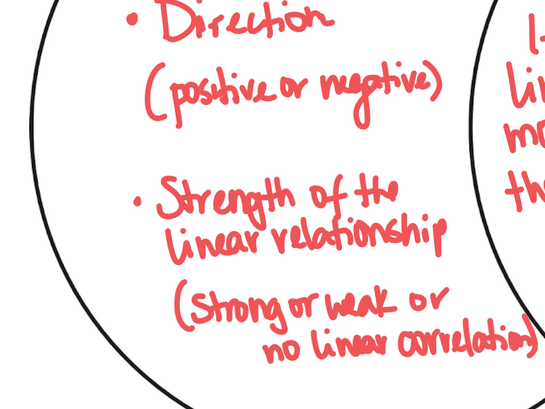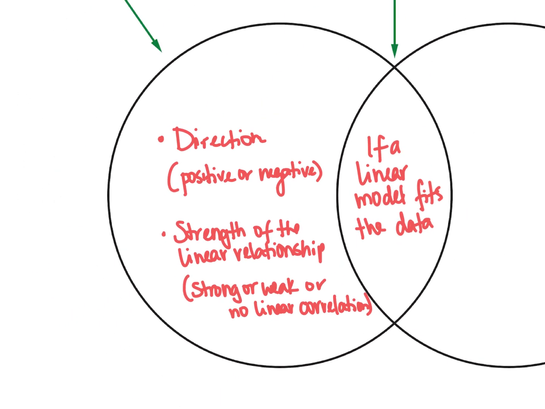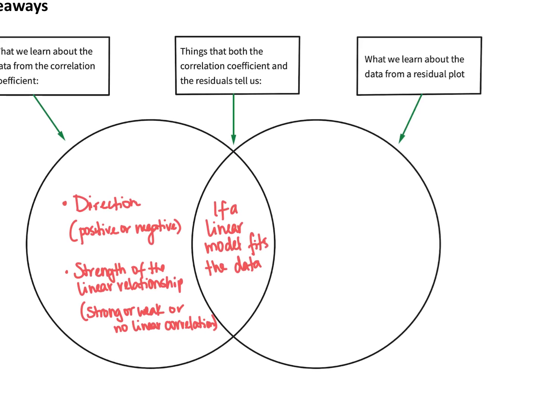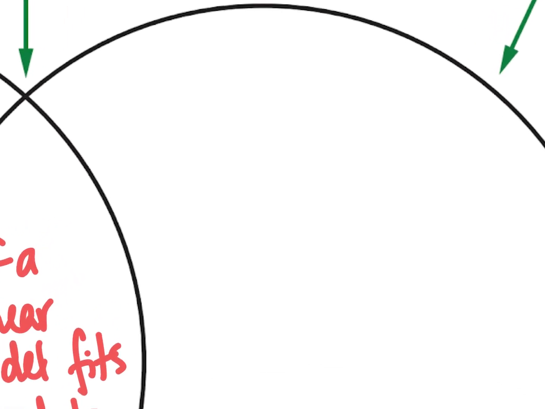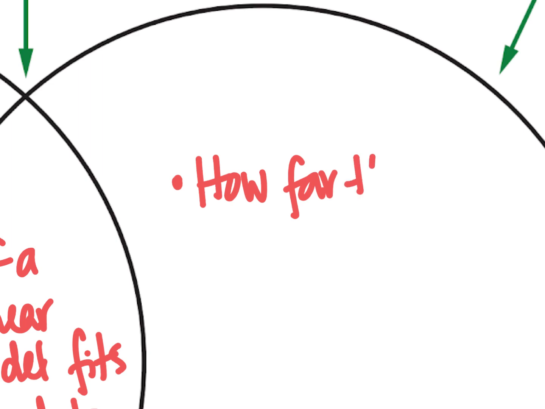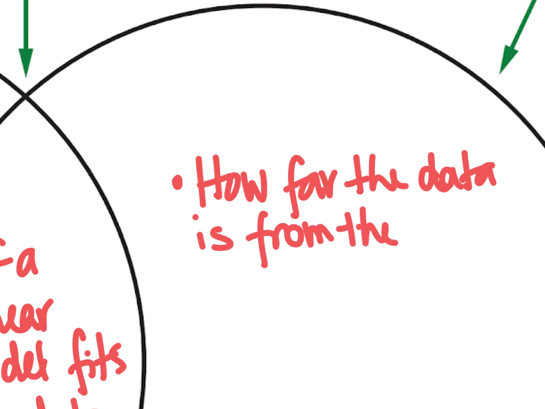Okay. All right, let's look at what we learn just from the residual plot. Okay, so that's our right. What we learn about the data from the residual plot. Okay. First thing we learn is how far the data is from the predicted value, right?